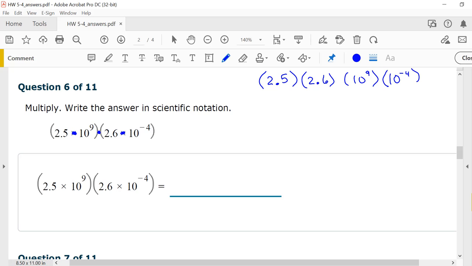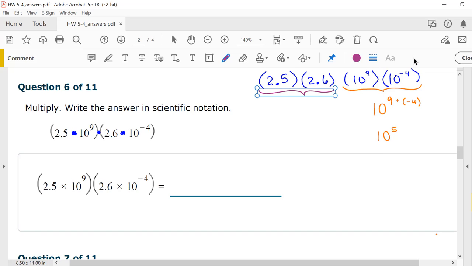And the reason I'm doing that, we have rules of exponents. When you're multiplying like bases, 10 to the 9 times 10 to the negative 4, you can add those exponents. What's 9 plus negative 4? That's going to be 10 to the 5th. Okay, now I need to do the digits.